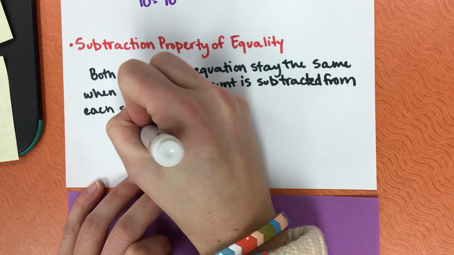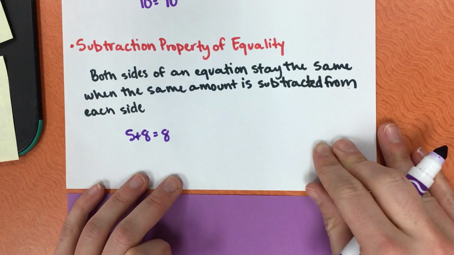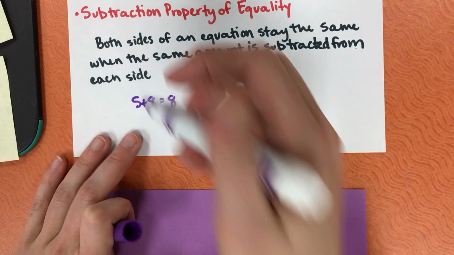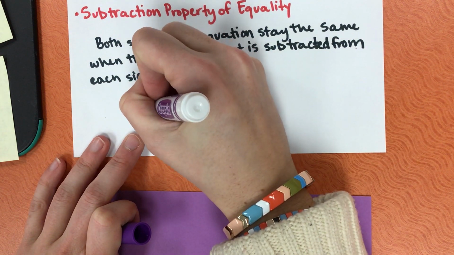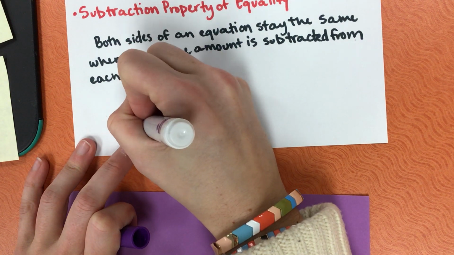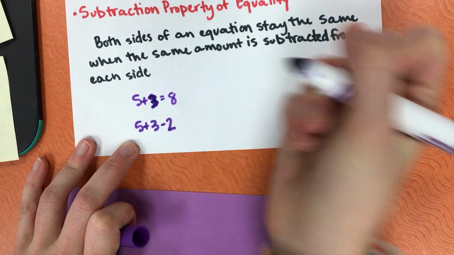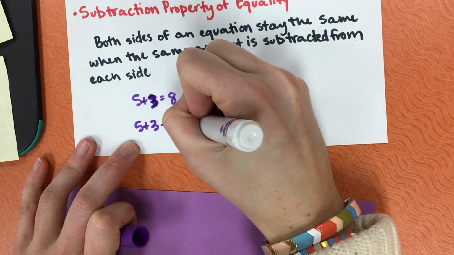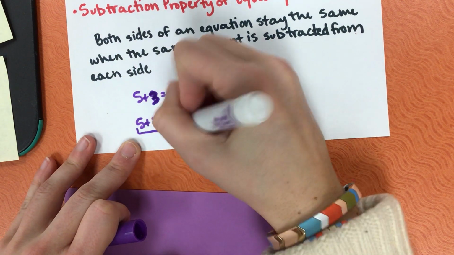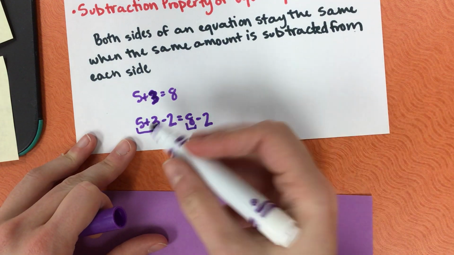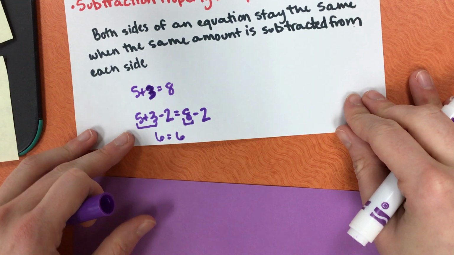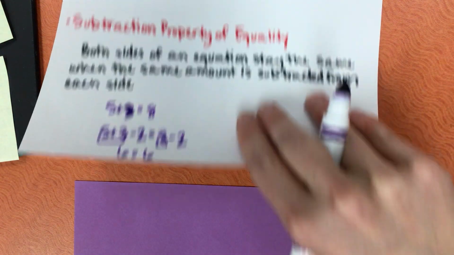If we have 5 plus 3 equals 8, and then I change it to be 5 plus 3 minus 2, then I also have to change this side to be 8 minus 2, because this part is equal to 8, and we've got the minus 2. So now we would have that 6 equals 6, which is true. Right?